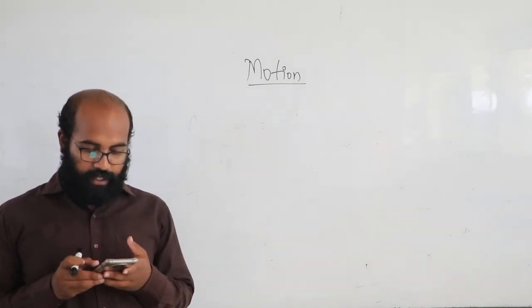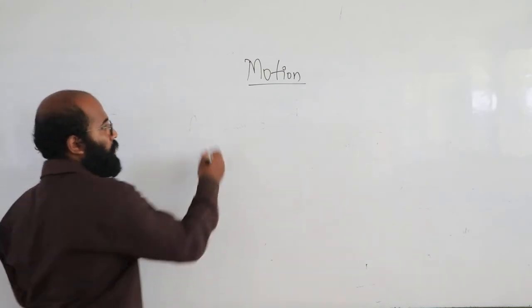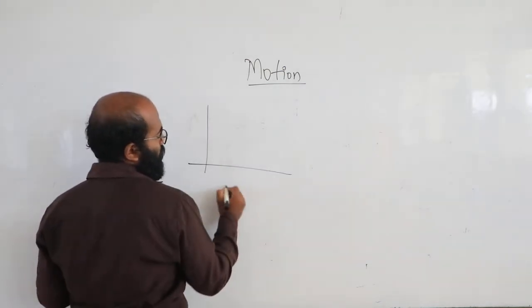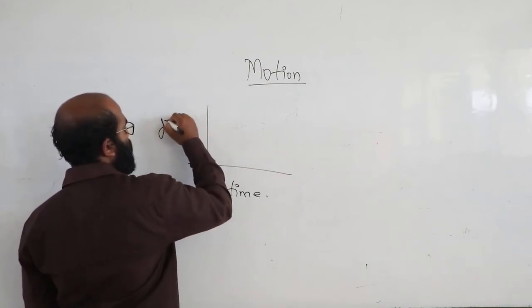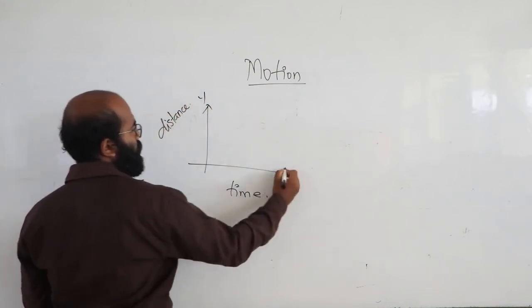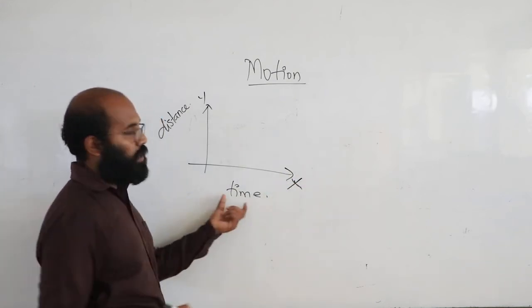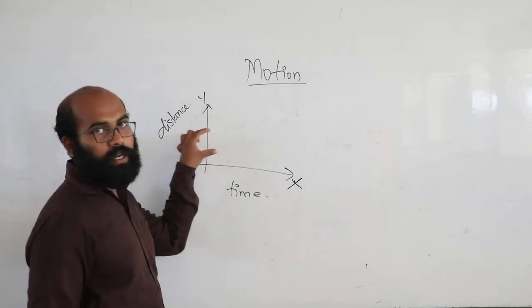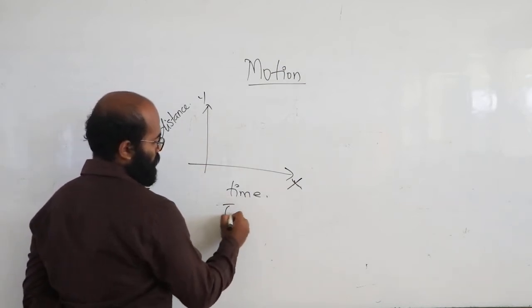Initially they have taken a distance-time graph. In the x-axis you are taking time, whereas in the y-axis you are taking distance.